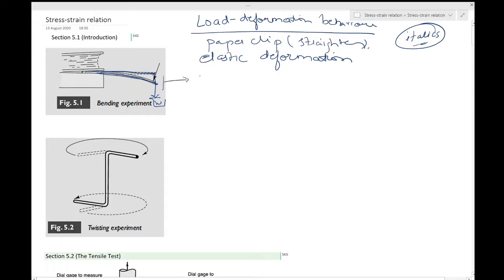So the amount of deformation does not increase with time. There will be a stage where it will just keep on holding. Time will pass, but this deformed configuration will remain. This is called a plastic deformation.